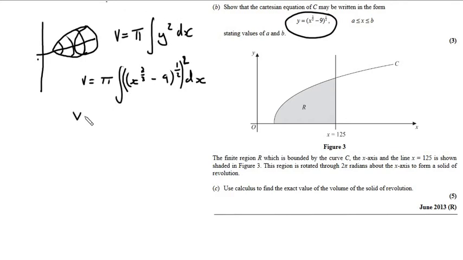So that's the same thing as saying V is equal to pi times the integral of, well, this square root and this squared cancels out. So it's x^(2/3) minus 9 with respect to x. And this can just be rewritten like this.